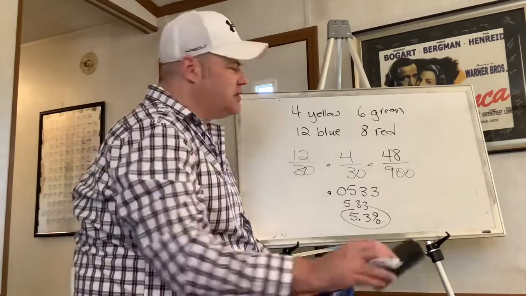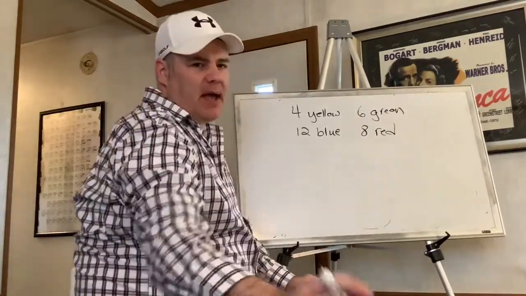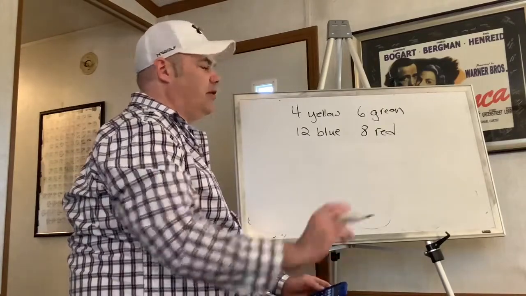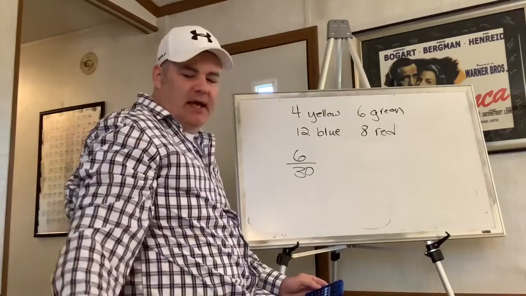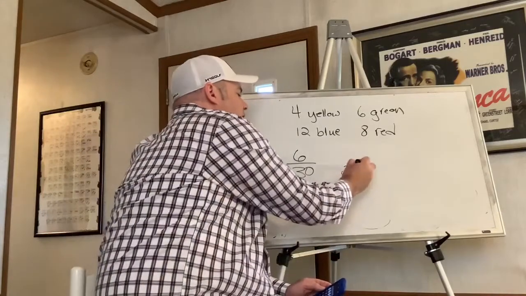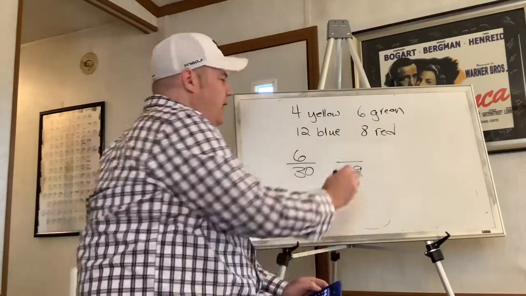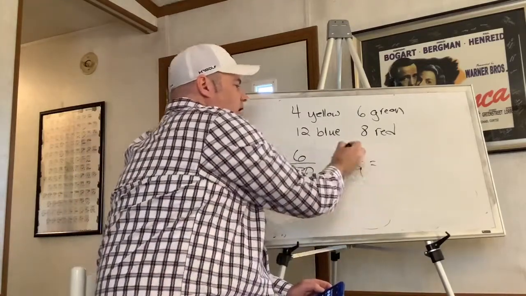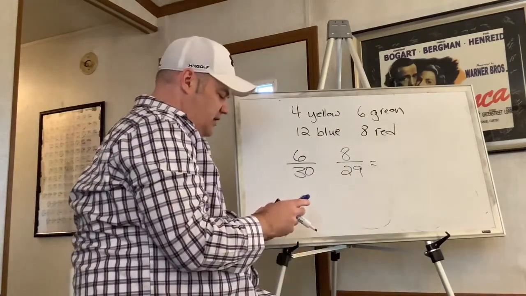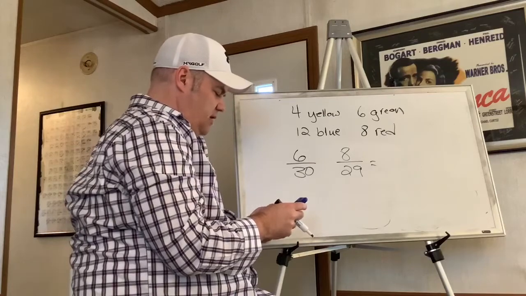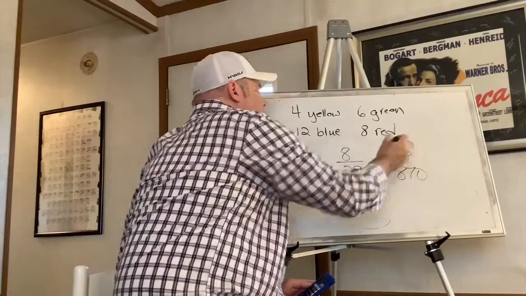Okay, let's do one where we don't put the marble back in the bag. So let's say I want to draw a green. And let's say I don't put that green back in the bag. I set it off to the side. So now there's only 29 marbles in my bag, 29 possibilities, and I want to draw red. Okay, there's still 8 red in there. So now I do 30 times 29, which should be 870. And 48, okay?